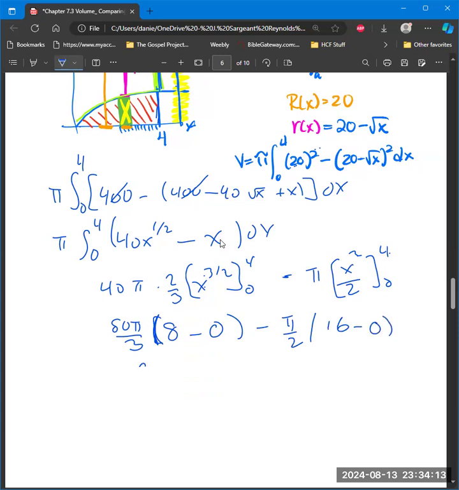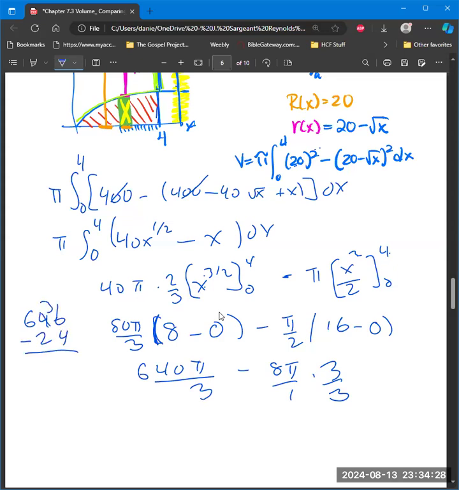So this is going to be 640 pi over 3 minus 8 pi over 1. Let's make that 640 minus 24 is 616.